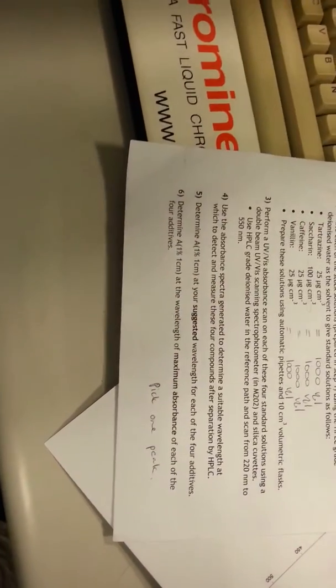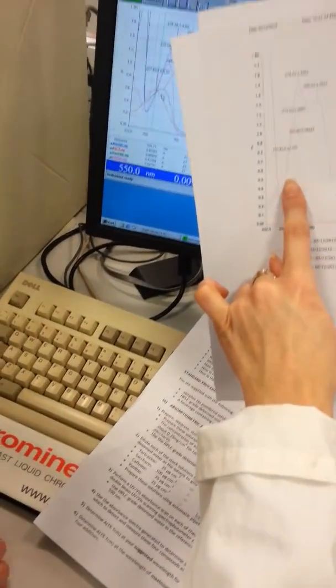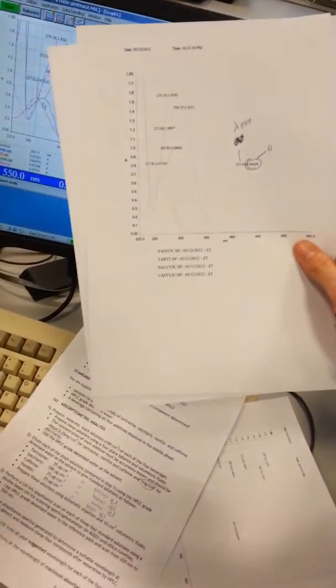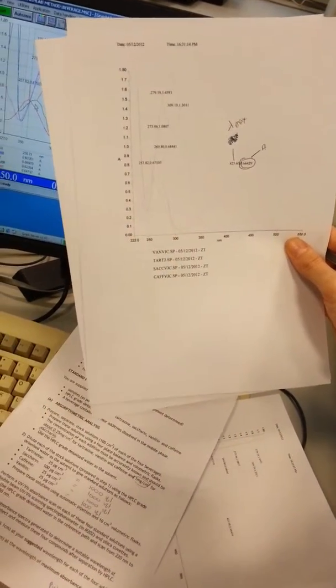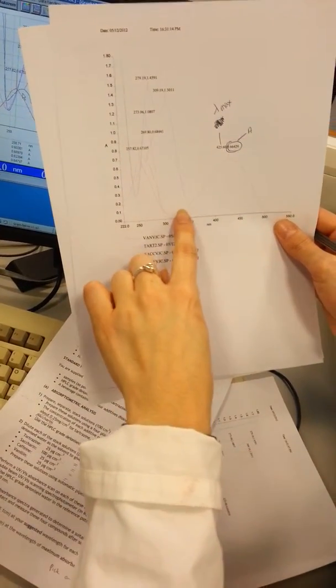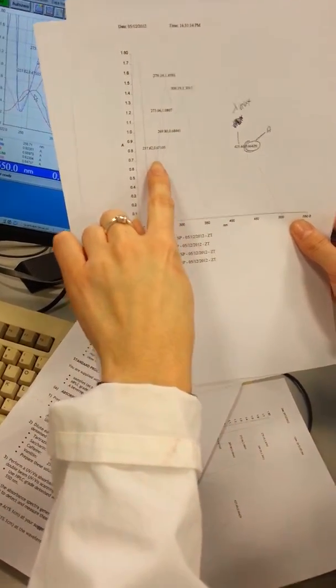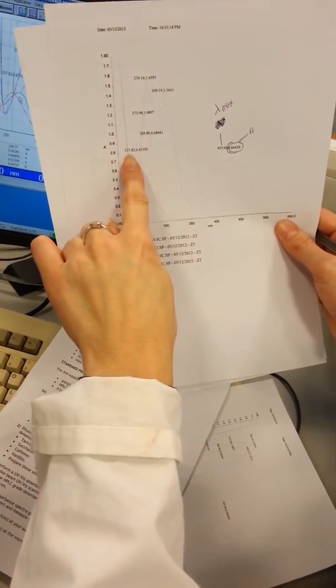Now, because it's a coefficient, it should come out the same number. So when we've got these two, you said to pick one peak, so we're better off picking these peaks because they're the ones we're going to use. It doesn't really matter, honestly, as long as you've got the corresponding absorbance to work out your extinction coefficient. So we're going to use this one, 257.82.